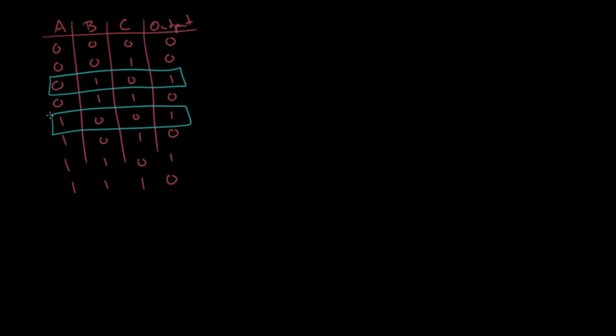So I've got 1, 2, 3 of them here, and I'm going to look to see what makes each one true. Whenever A is false and B is true and C is false, that is one way that I can make the output true.